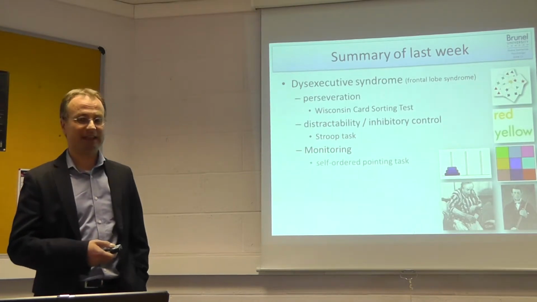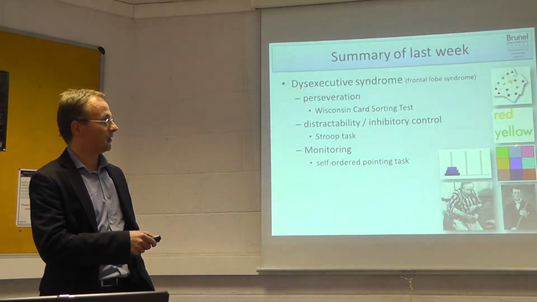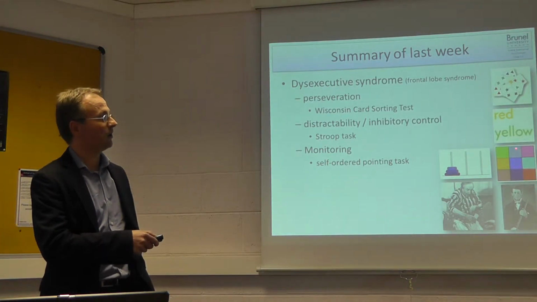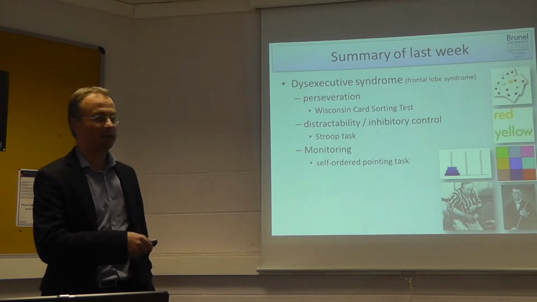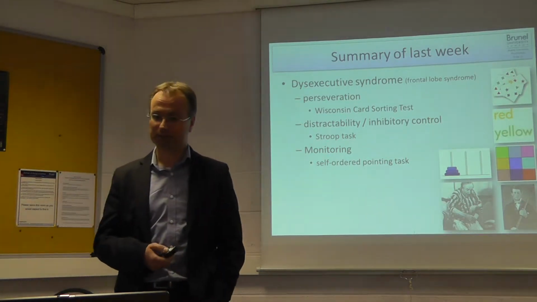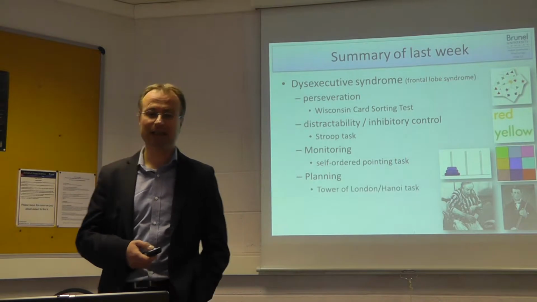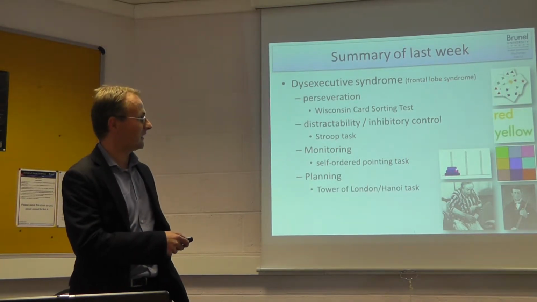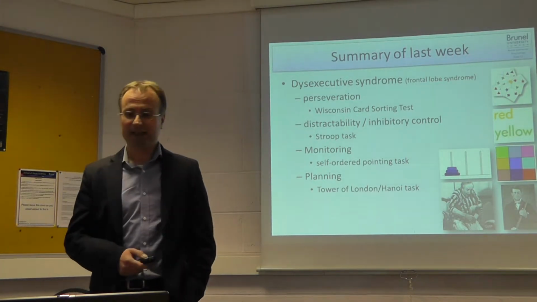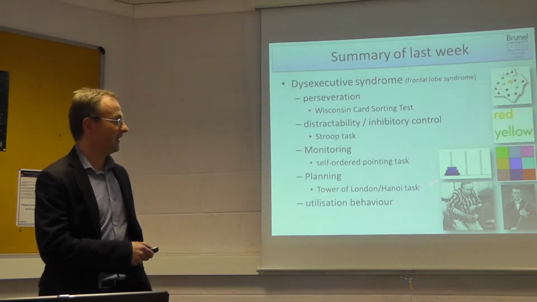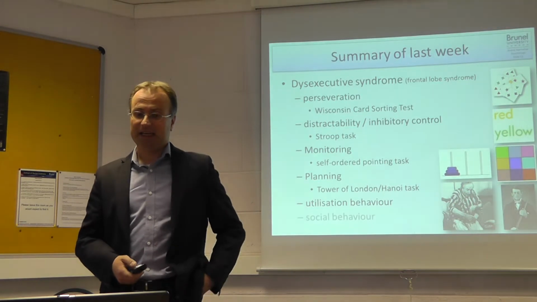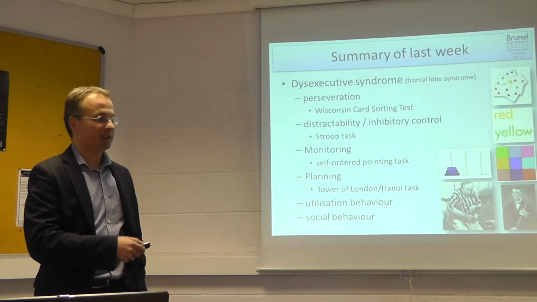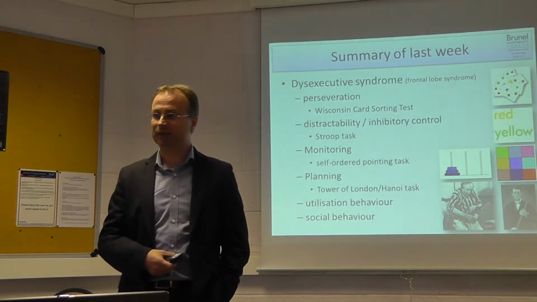Monitoring can be tested by the self-ordered pointing task, where you have to point to all colors in sequence and the colors are reshuffled after every trial. Planning can be tested with the Tower of Hanoi or Tower of London task. And then we have utilization behavior, where people just respond to external stimuli, and problems with social behavior as described by the case of Phineas Gage.